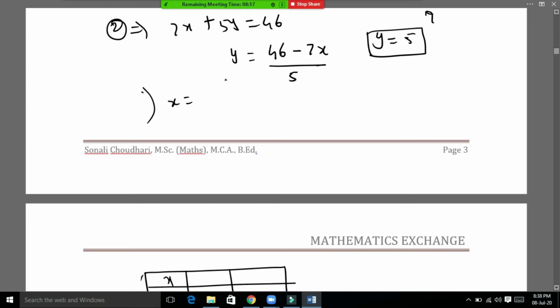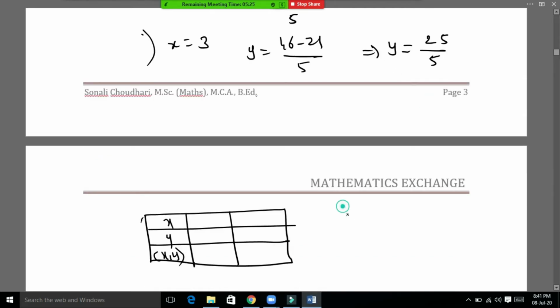If we substitute 1, then 46 minus 7 gives 39, and it is not divisible by 5. So if we take 3, 7 threes are 21. So y is equal to (46 minus 21) upon 5, which represents y is equal to 25 by 5. So here we get y is equal to 5.